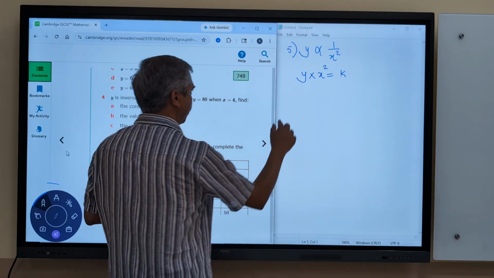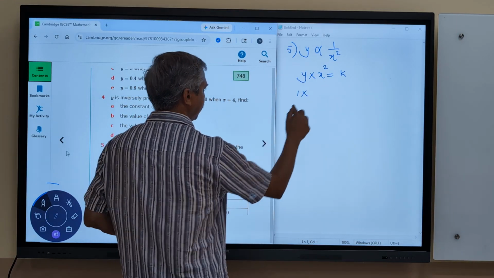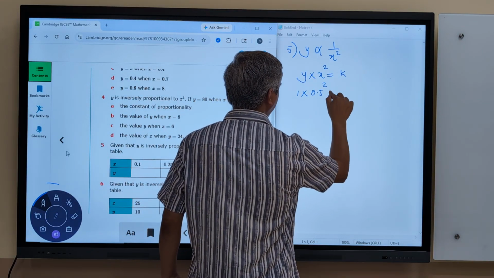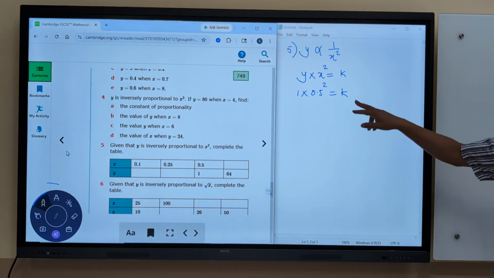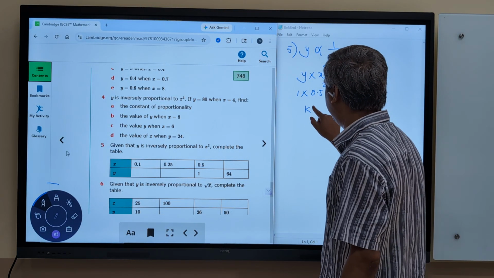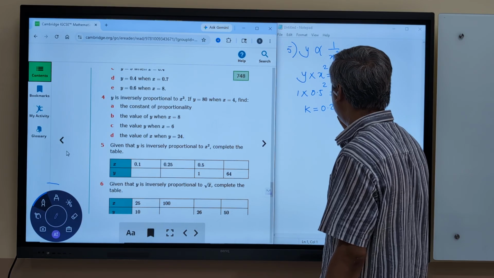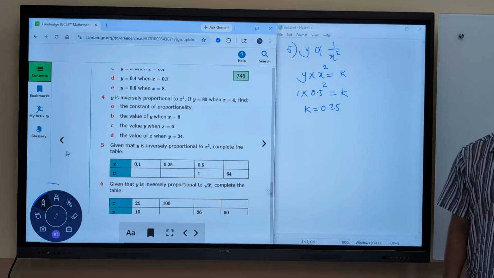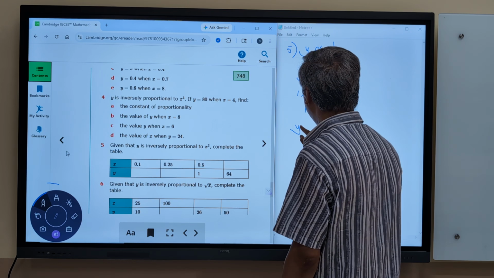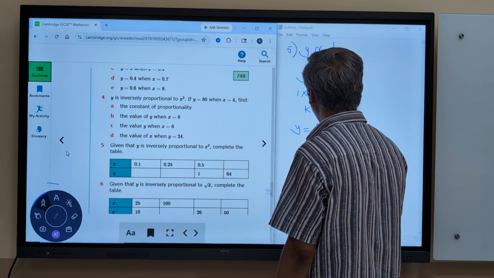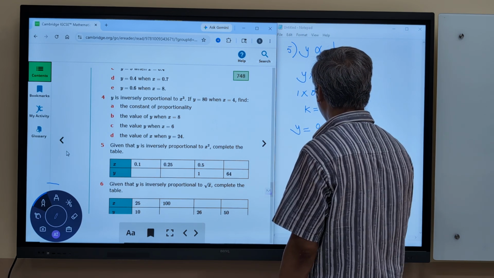So I will write y is equal to 1 into x is equal to 0.5 square is equal to k. So 1 into 0.5 square is 0.25. So the value of k is 0.25, or we can write 1 by 4 as well. And from this value, we can find y is equal to 0.25 upon x square.